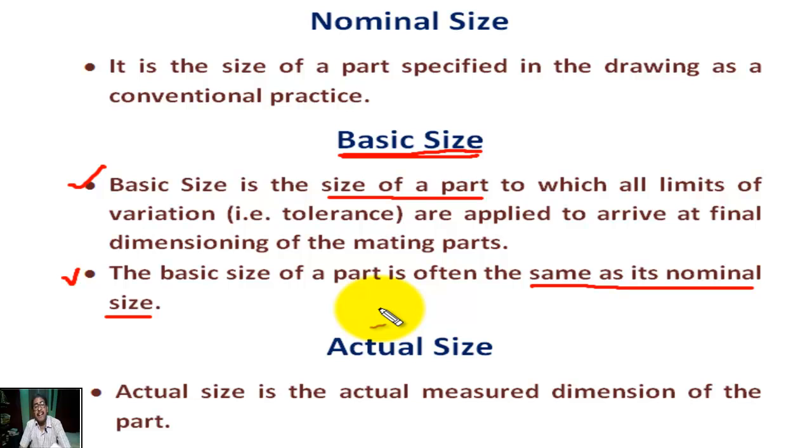It is the size of a part to which all limits of variation are applied in order to get a degree of accuracy which meets the practical requirement.